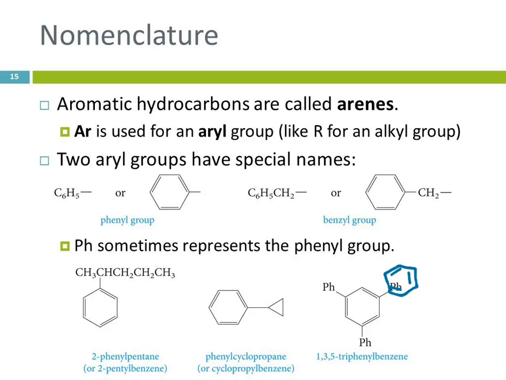So it's a phenyl group anytime there's a line sticking out. I see benzene, and then I see a little, I guess, carbon. This is benzene, but it's got a hydrogen removed and now it's attached to something.